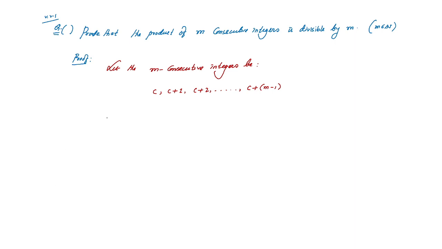Now with the help of the division algorithm, if we divide the integer c by m, there will be some quotient and some remainder.